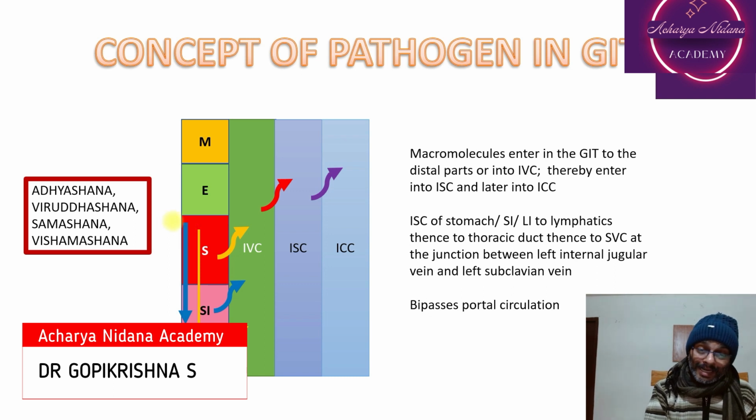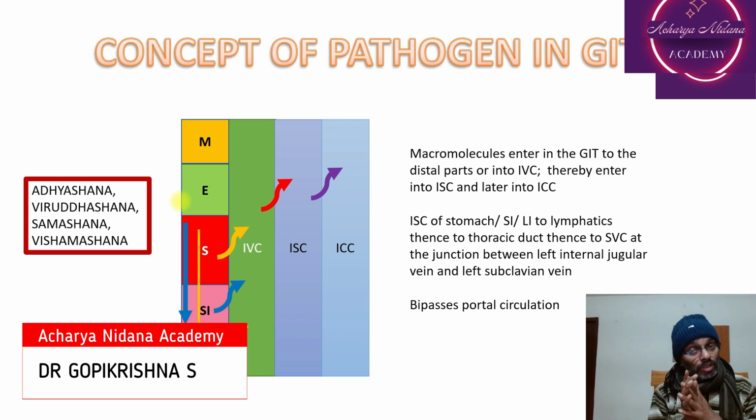Because of poor hydrochloric acid, these macromolecules are unable to be converted into intermediate molecules. There are two possibilities. Either the person may have vomiting because of closure of the pyloric antrum for a much longer time, or otherwise there may be entry of these macromolecules into the small intestine.